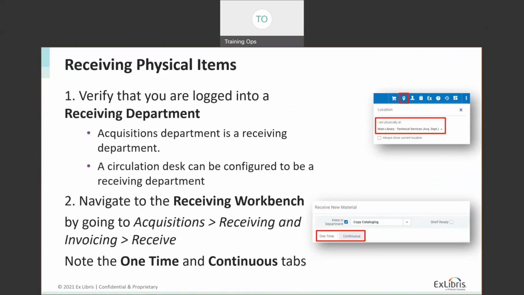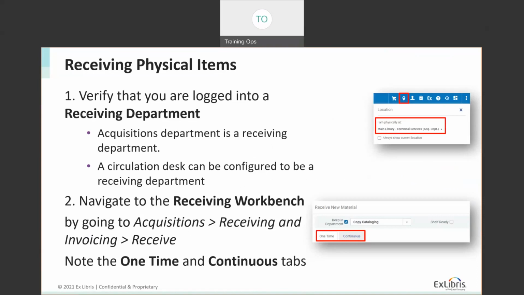Why would you want to do that? I've got two scenarios why you might want to do that. One, maybe you're an institution with a single Alma institution with centralized acquisitions and multiple libraries, and acquisitions does all the ordering for serials and such, but the serials go directly to the libraries.